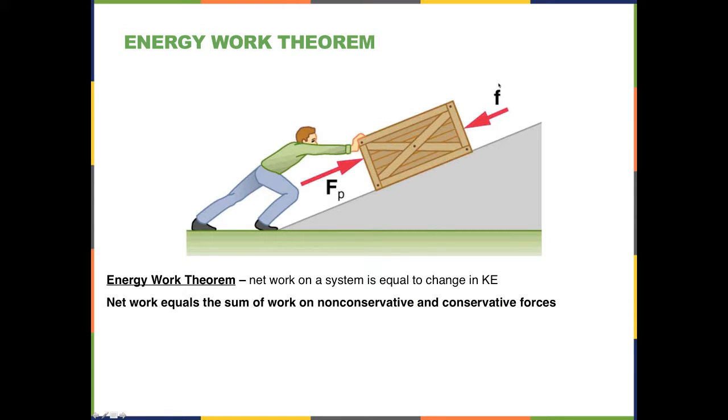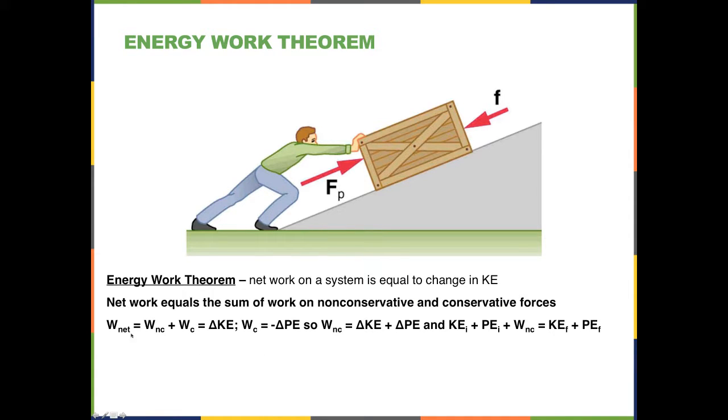So for example, here's a conservative force, but here, if the friction generates heat, that would be a non-conservative force that would take away from it. So the net work is equal to the work done against non-conservative forces plus the work done against conservative forces. And that net work has to be equal to the change in kinetic energy.